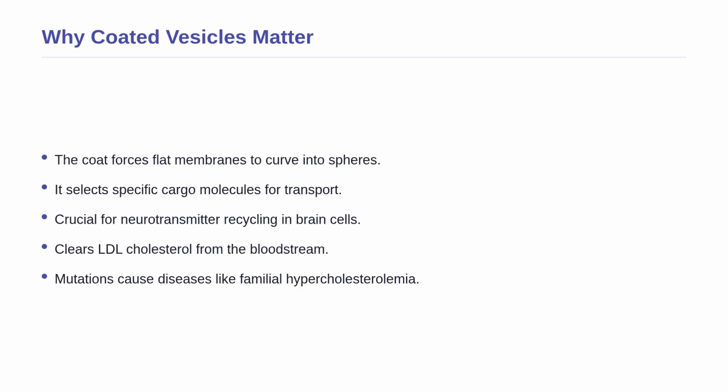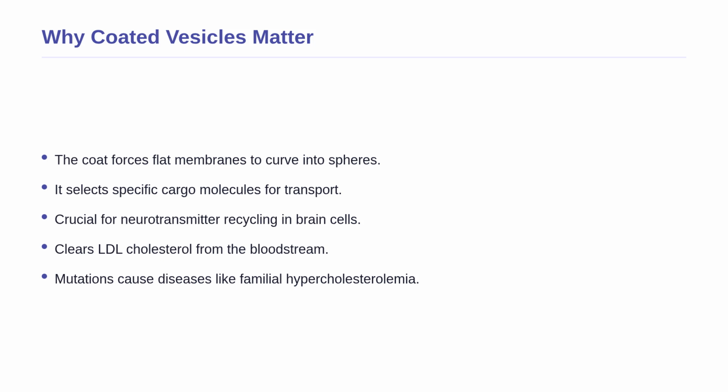With these transport routes established, we must ask why the coat itself is so essential. The protein coat serves two critical functions. It physically forces the flat lipid membrane to curve into a spherical bubble, and it acts as a filter to select the specific cargo molecules that need to be transported. This is absolutely vital for your survival.